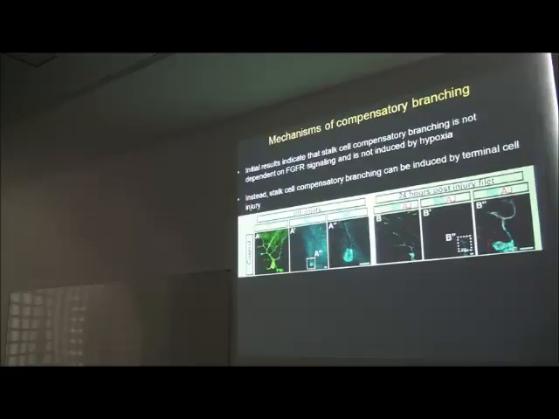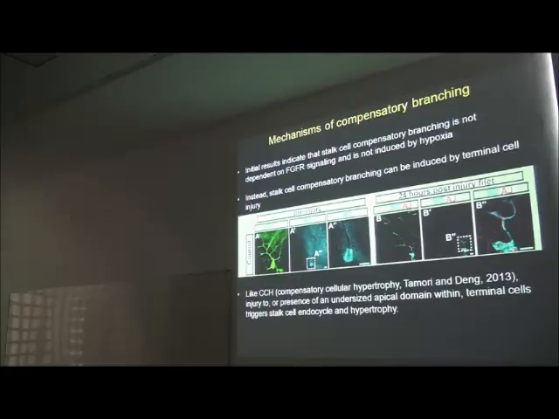And my graduate students have been able to get similar effects if you reduce apoptosis by expressing DIAP1 or p35 or similar.